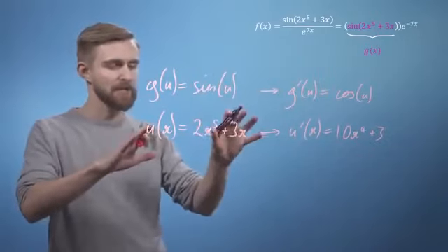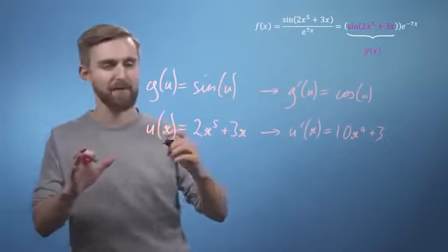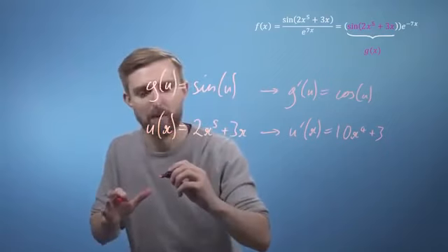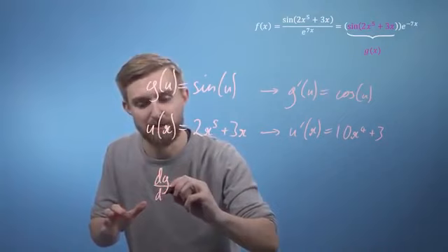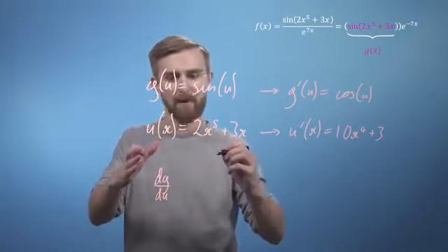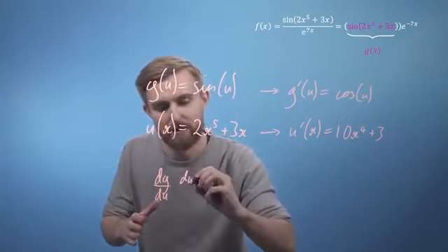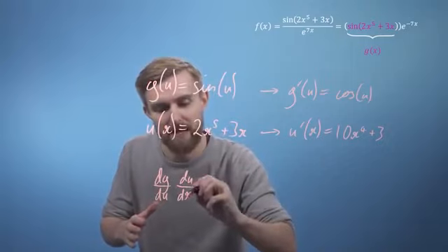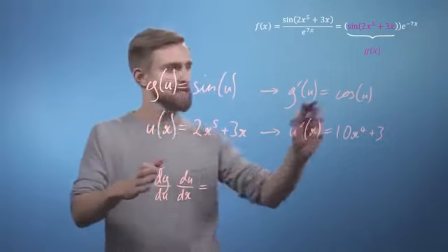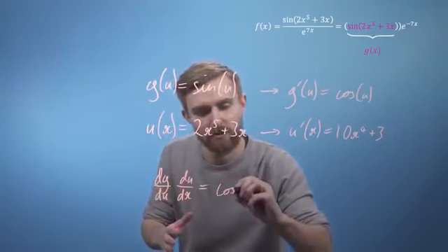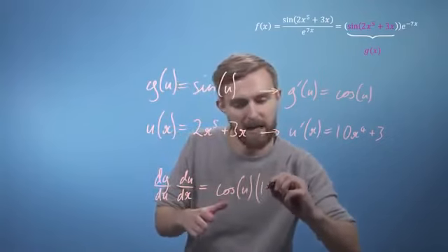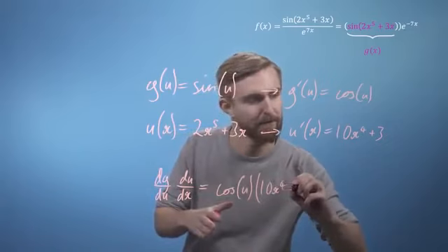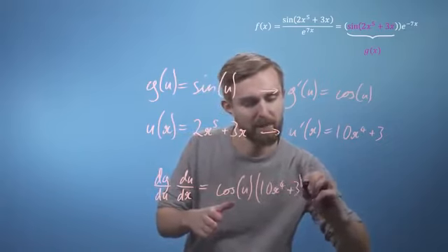Now we've got these 2 expressions, and I'm going to use a mixed notation for convenience. dg by du multiplied by du by dx is going to give us cos of u multiplied by 10x to the power of 4 plus 3.